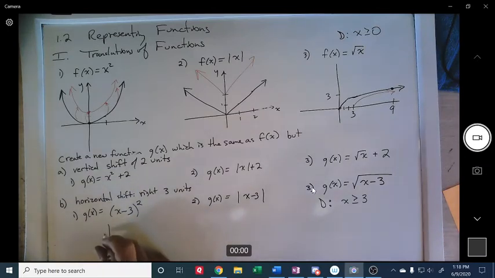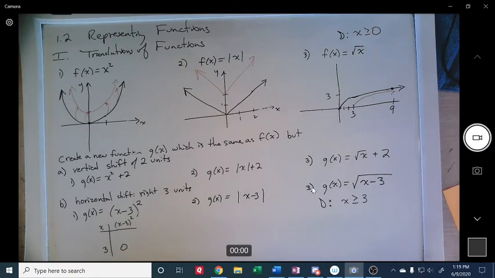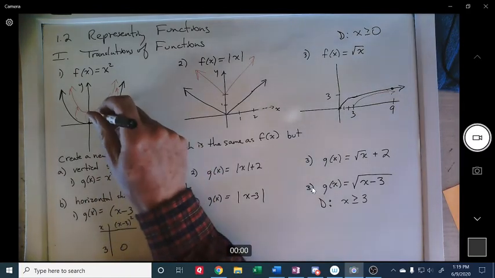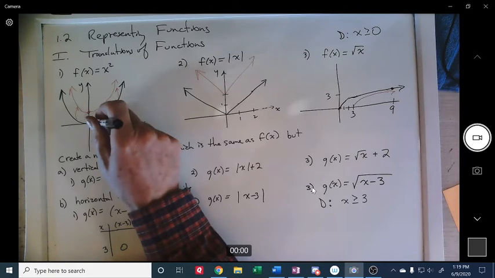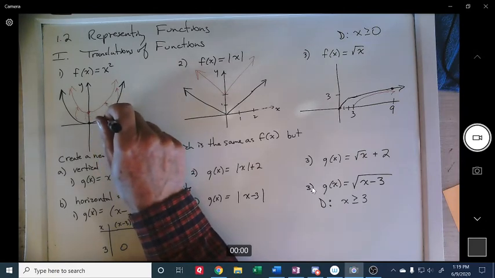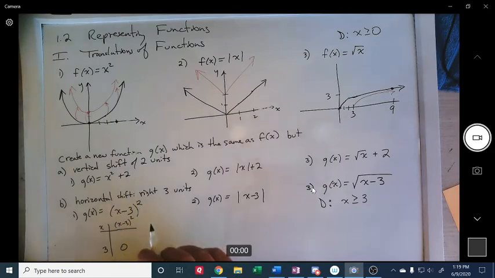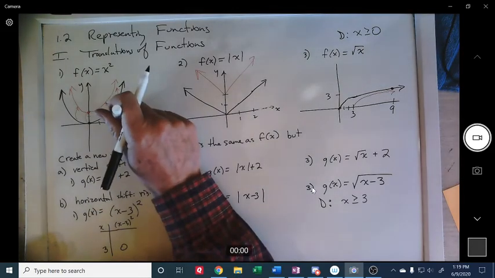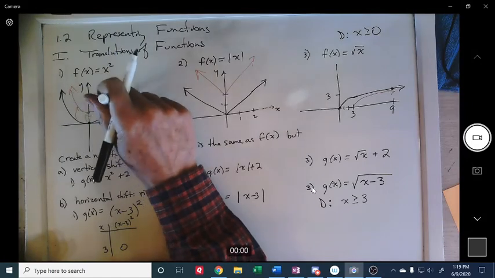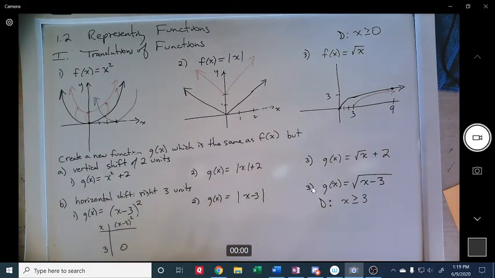And if you were going to make a little table here, x minus 3 squared, and if you were trying to get the smallest height of 0, what would have to be the input that would give me the height of 0? It's when x is 3, right over here. So we can see that, again, this is moving us to the right, opposite direction over here, and then we're going to have our parabola with the smallest height being over here.